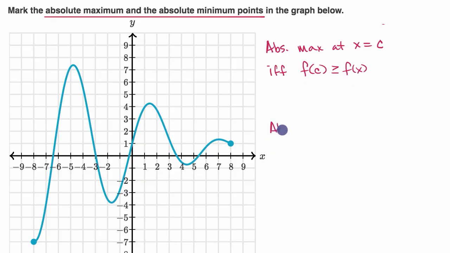And you have an absolute minimum at x is equal to c if and only if f of c is less than or equal to f of x for all the x's over the domain. So another way to think about it is the absolute maximum point is the high point. So over here, that is the absolute maximum point.